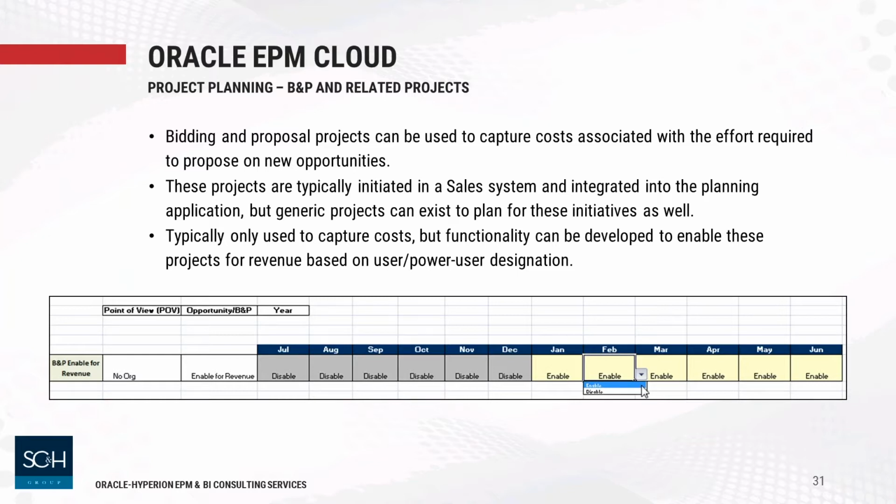In this screen, what I'm representing is a BMP project that we would like to include for revenue and cost calculations effective January forward, because we, at this point, believe, even though this is a proposal project, it will be a revenue and financial generating project. Rather than rebuilding it as a separate project, we can simply convert this project into something that drives your P&L calculations.